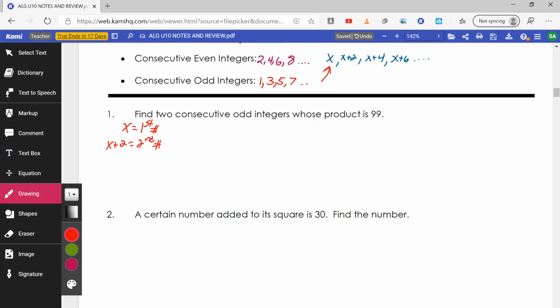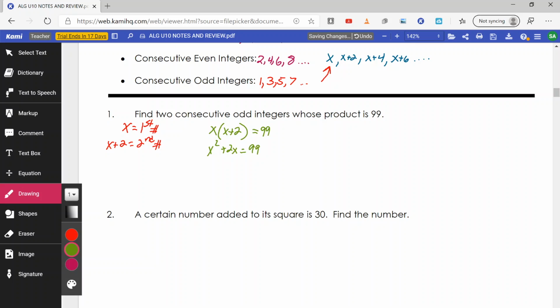And they tell us the product is 99. So product tells me I have to multiply these two numbers. So I take x and multiply times x plus 2, and I get 99. So x times x gives me x squared, x times 2 gives me plus 2x, and that equals 99.